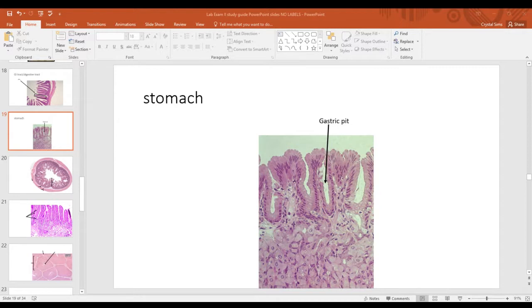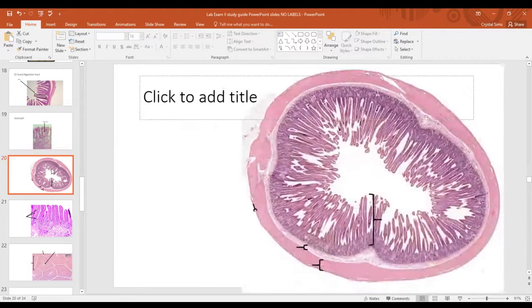All right, so now we're going to move into some more histology. On this one, we want to identify what organ or area and what structure I'm looking at here. So yes, this is a villus. This is a singular villus, singular for villi, and yes, we are looking at the GI tract here.